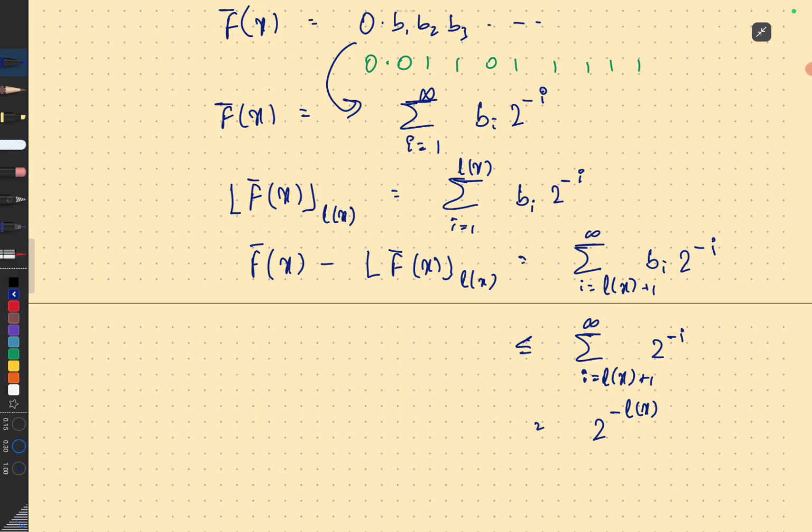So f bar of x plus 1 is going to be equal to the summation over a less than x of p of a plus p of x plus p of x plus 1 divided by 2.